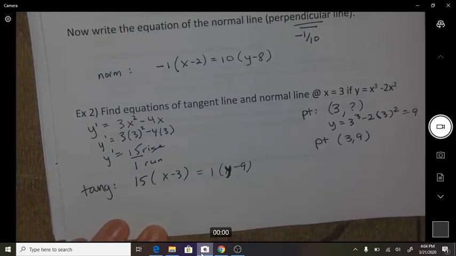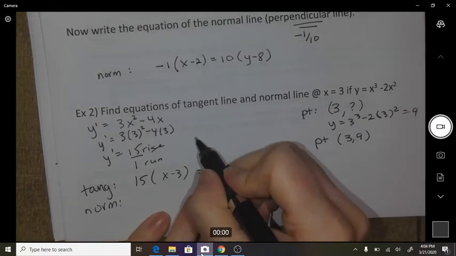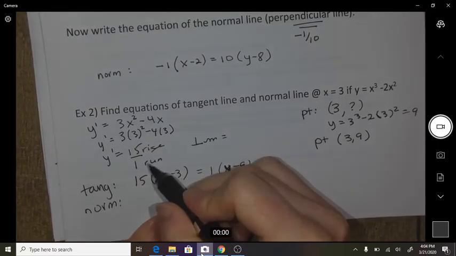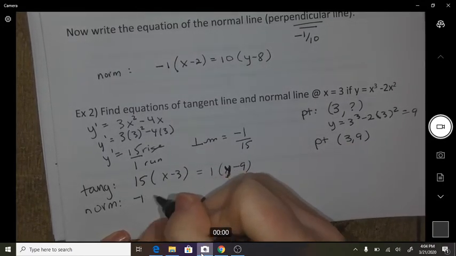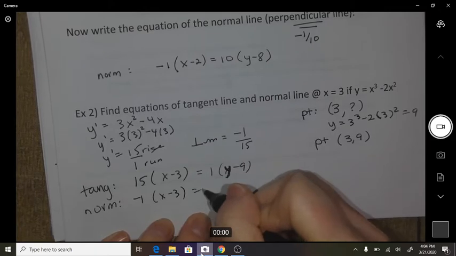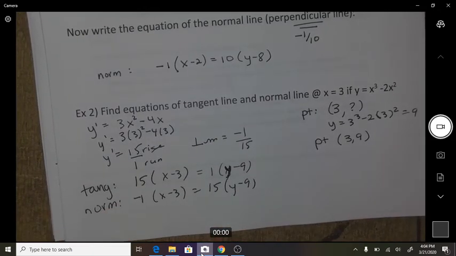Okay, and then the normal is going to be, what's the perpendicular slope of that? Negative 1 over 15. So negative 1, 15, and everything, the point stuff you're writing the same, you're just changing the slope.